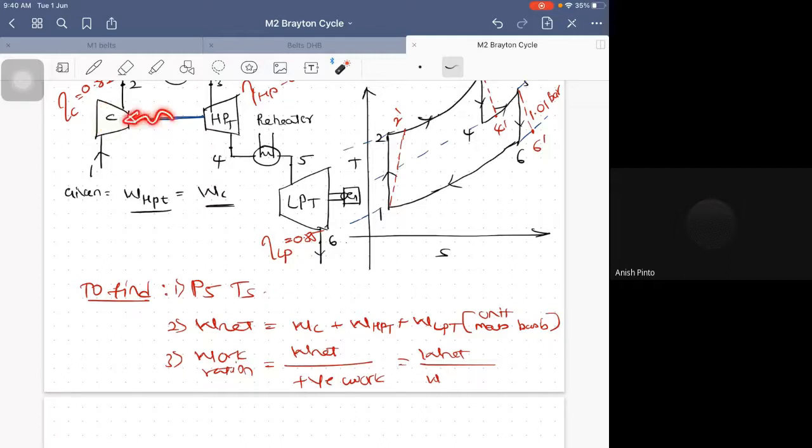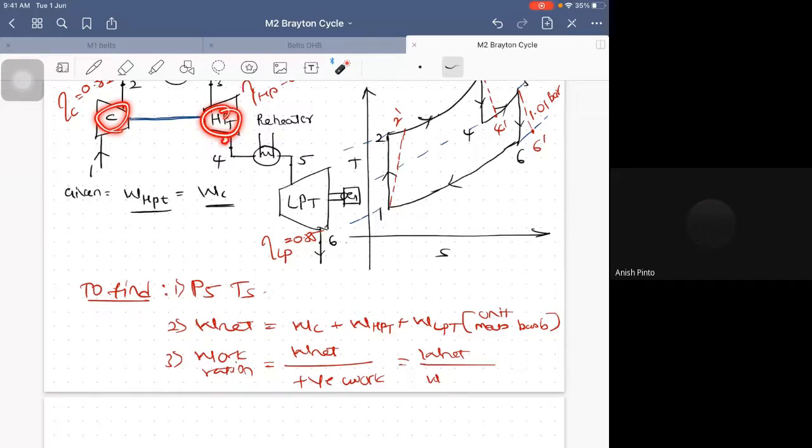Okay, so that you have to understand. Now, whether HP turbine is giving the work or absorbing the work. Giving the work. So that's why this is positive. And whether LP turbine is giving the work or absorbing the work. Giving the work. So that's why it is positive. WC might be equal to WHP turbine, no issue there.